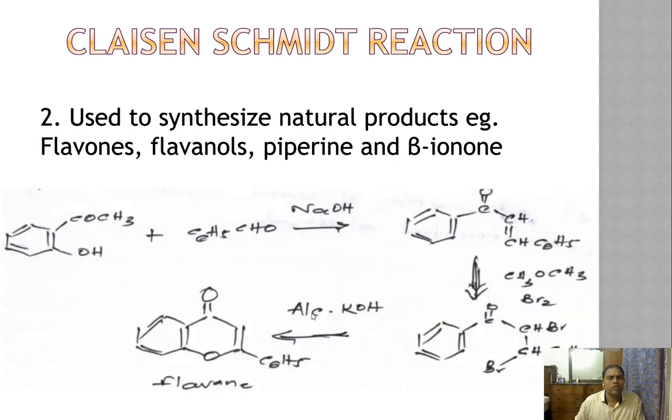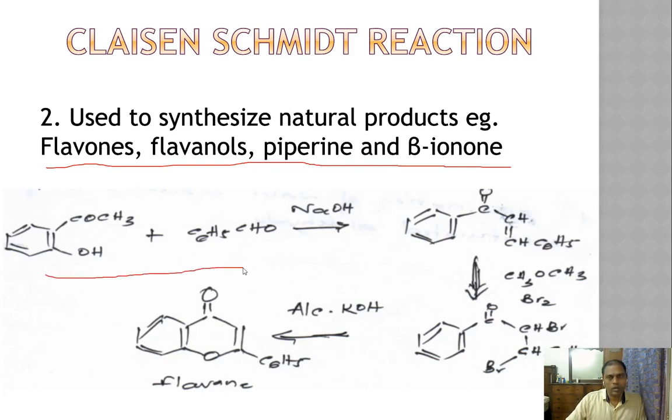The second one is used to synthesize natural products, for example flavones, flavonol, piperine, and beta ionones. These are natural products, and they can be prepared using the Claisen-Schmidt reaction. So this is the product of a Claisen-Schmidt reaction.